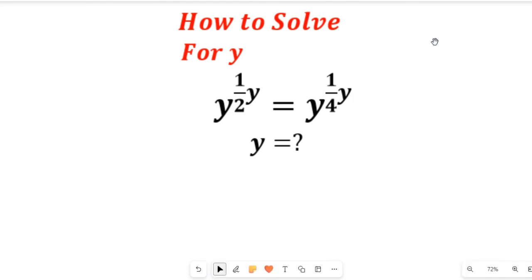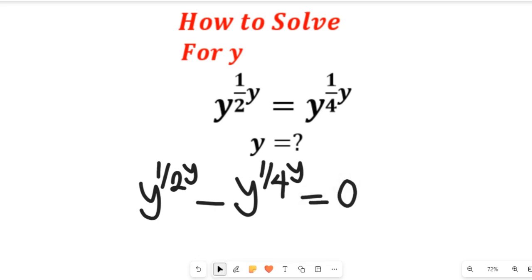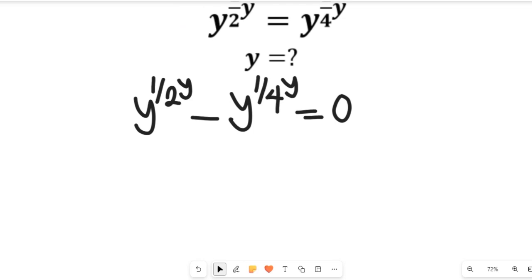And when we do that, the left hand side will give us y to the power of 1 divided by 2 multiplied by y minus y to the power of 1 divided by 4 multiplied by y, and this will be equal to 0. So what next do we do?